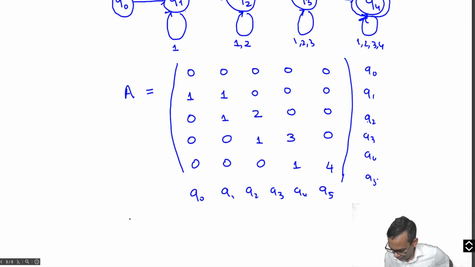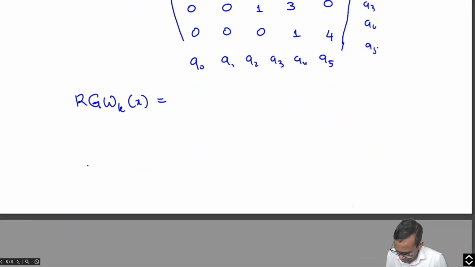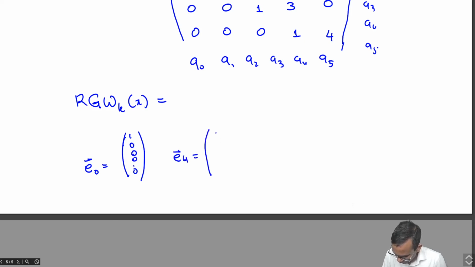And what we get is, let's use some notation. E0 is the vector 1 0 0 0 0, the 0th coordinate vector with the 1 in the 0th coordinate, and E4 is the vector with a 1 in the 5th coordinate.